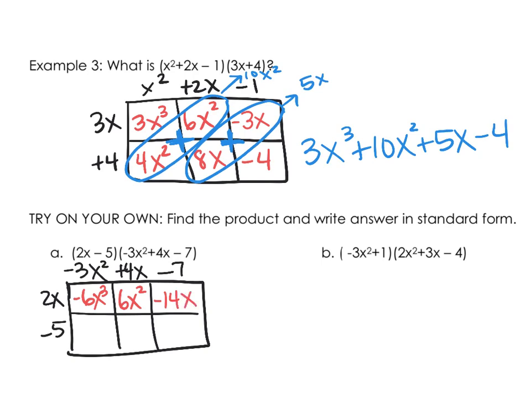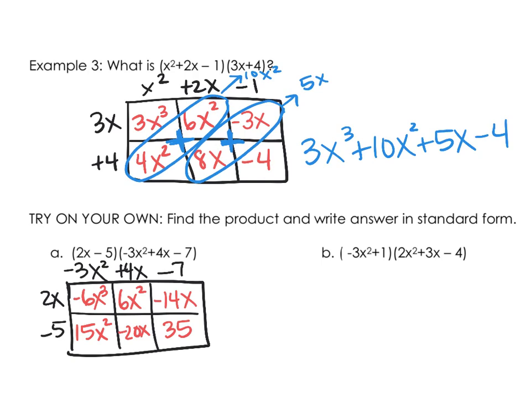Down to the bottom, we have negative 5 times a negative 3x squared. That's going to become a positive 15. And then there was no more x's, so it's going to stay x squared. 4x times a negative 5, it looks like negative 20x. And then negative 7 times a negative 5 is going to become a positive 35.